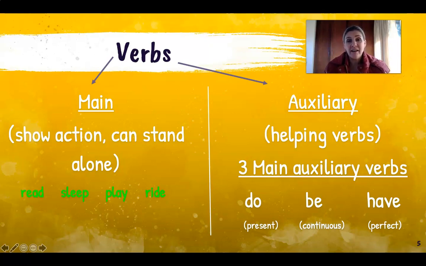But if I have a cake, okay, that makes sense. But I have baked a cake. So in a sentence, you might need to add a helping verb. So we're going to look at these three. And do, we normally have in the present tense, be normally in the continuous tense, and have in the perfect tense. And we will be doing other lessons on tenses.